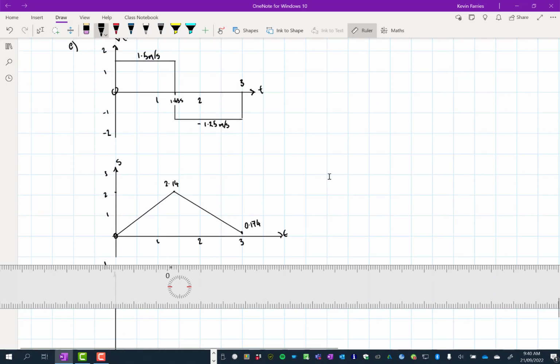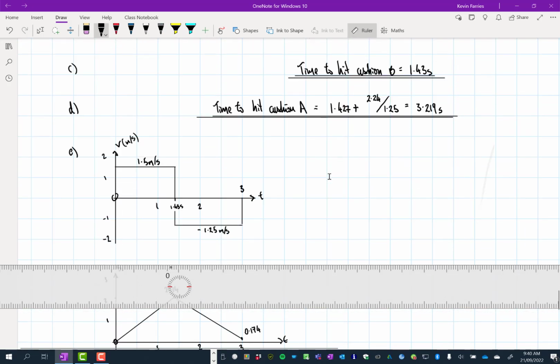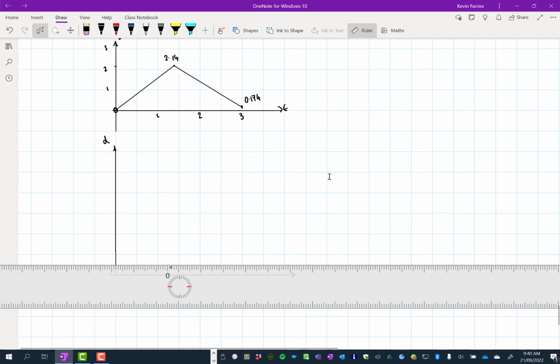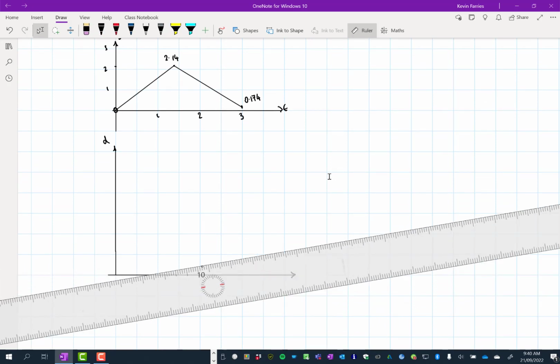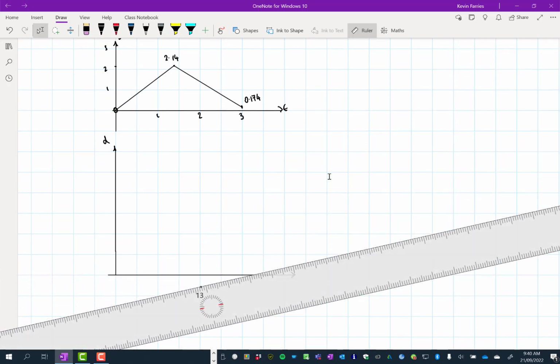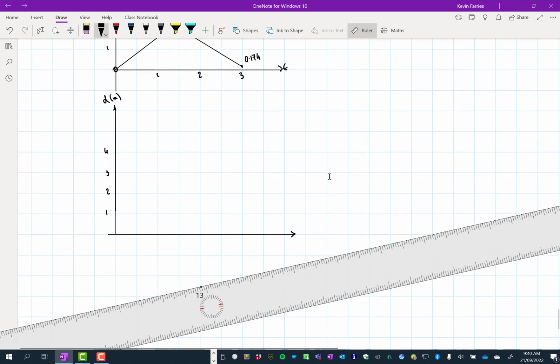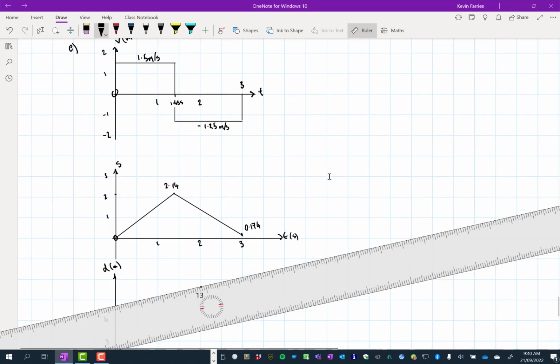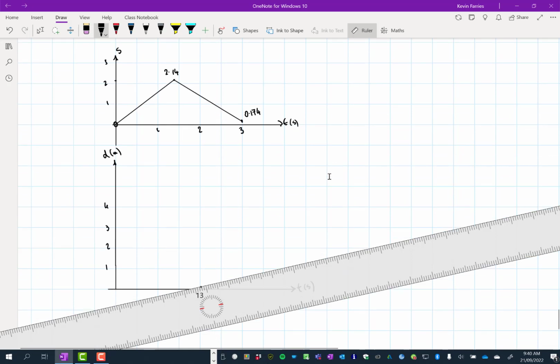Distance keeps increasing. It doesn't matter which direction it's going in, it's still traveling further, if you know what I mean. So we're going to start at 0 again. Let's just do 1, 2, 3, 4, and this is distance in meters, and this is time in seconds.